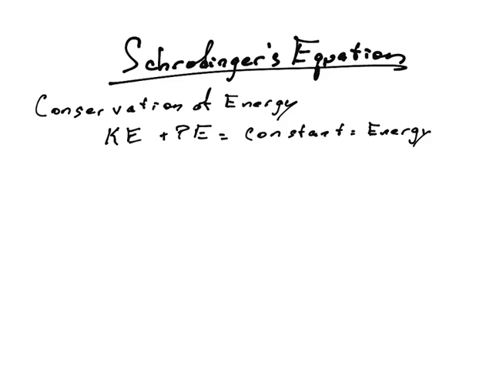We remember that kinetic energy is 1/2 mv squared, and potential energy, well, that depends. It might be mgh or 1/2 kx squared, or all sorts of things, depending on the system, depending on what's affecting it.